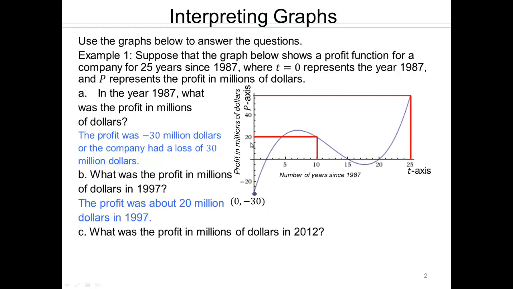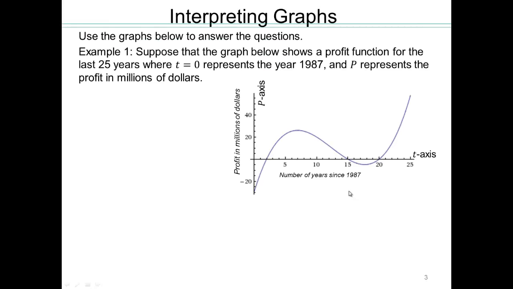Now, if you look at the scale, this is 40, this is 50, because that's 45, 50, 55, but we don't know what that coordinate is, so you'll have to estimate. So the profit was over $55 million in 2012. Does that make sense to you? Otherwise, rewind and watch these parts again.